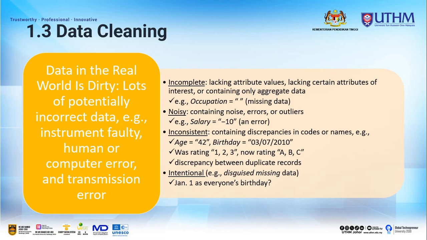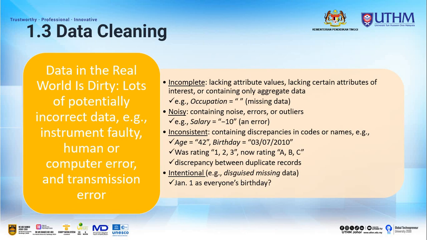For example, you can see incomplete data: lacking attribute values, lacking certain attributes of interest, or containing only aggregate data. For example, occupation, where in open and close double quotes there are no values. Noisy, for example, you can see the salary, which is -10. How come a salary can be a negative value?